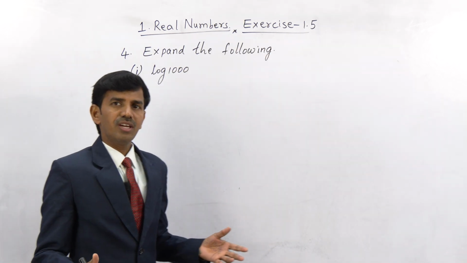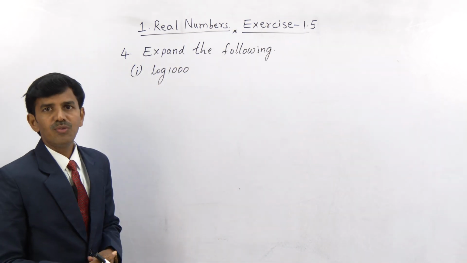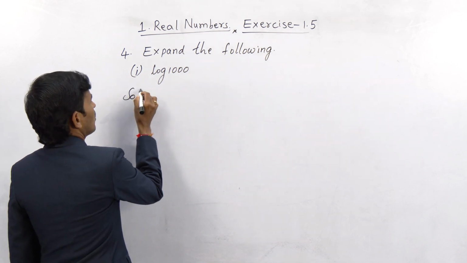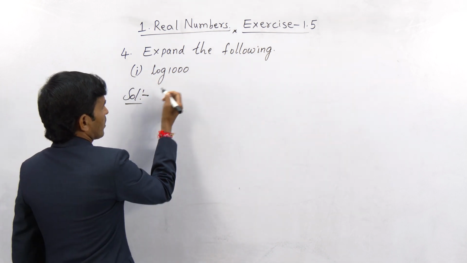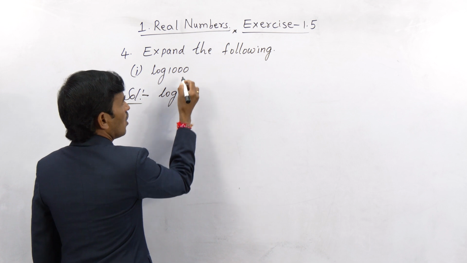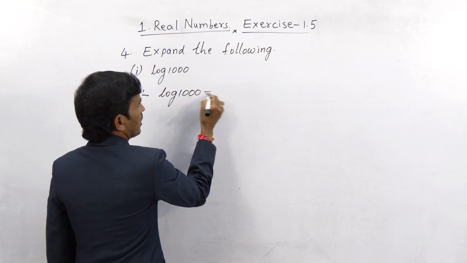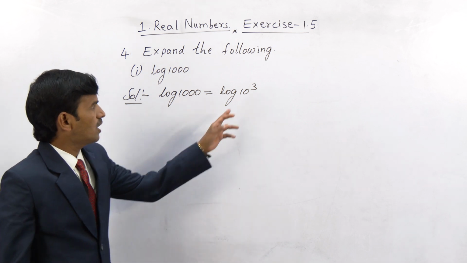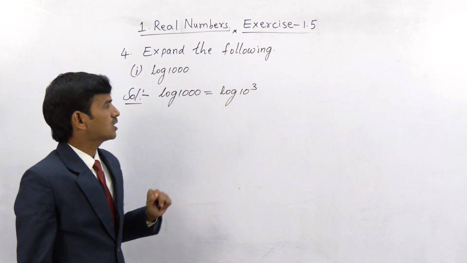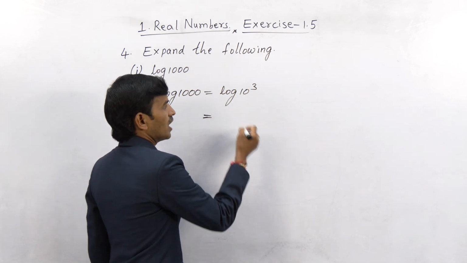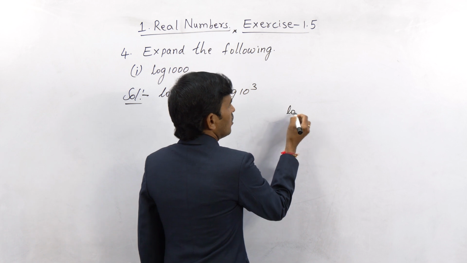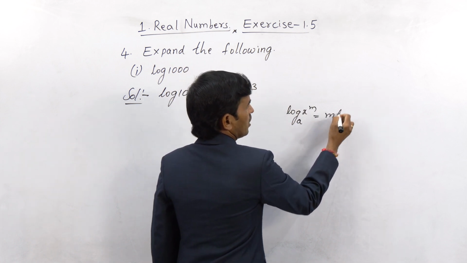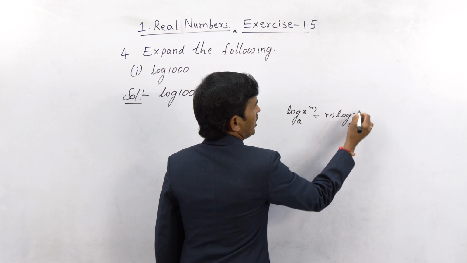It is a very interesting expansion of logarithms. That is a very simple problem. So it can be written as log 1000, which is equal to log 10 cube, as you know that 10 cube is equal to 1000. So here we can apply the power rule: log x power m to the base a is equal to m log x to the base a.